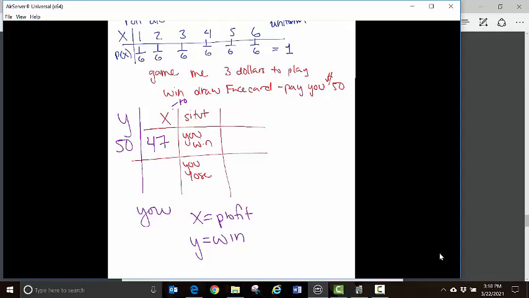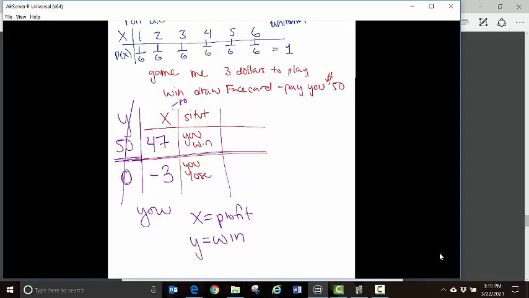If we're just talking about the profit, if you lose, your profit is negative $3. However, if we don't care about profit, if you lose, how much do you win? 0. So the tricky thing is which one they are asking for. You look at the story problem for that. I'm going to go by profit here, not what you win.